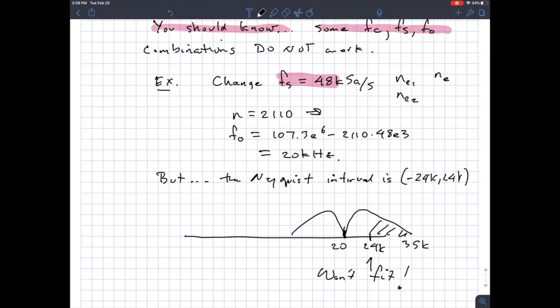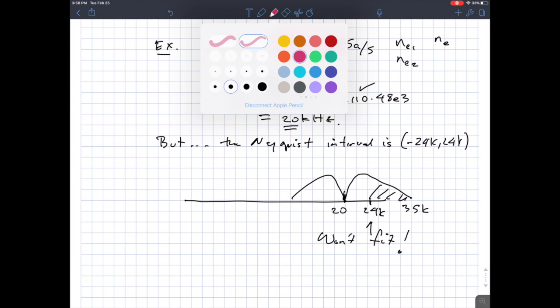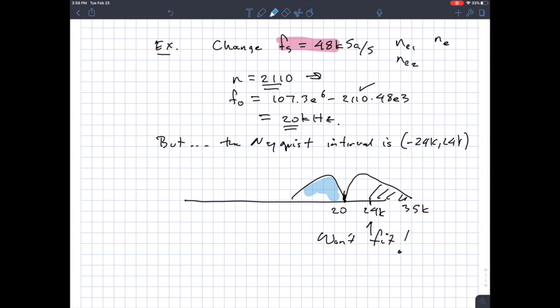If you go through that same process that we did for the 96 kilosamples per second rate, it turns out the n value is 2,110. We plug that in, and again we get 20 kilohertz. If I sketch the spectrum here, I know it's centered at 20 kilohertz.